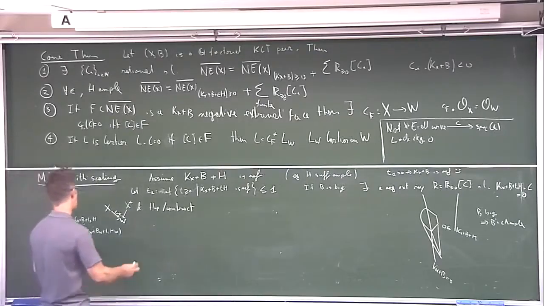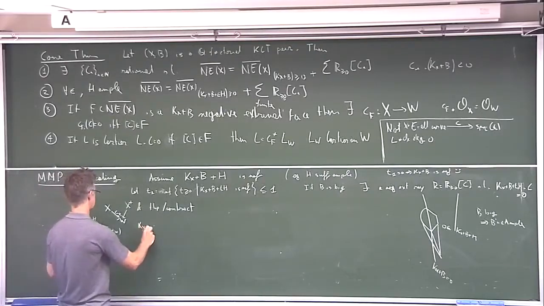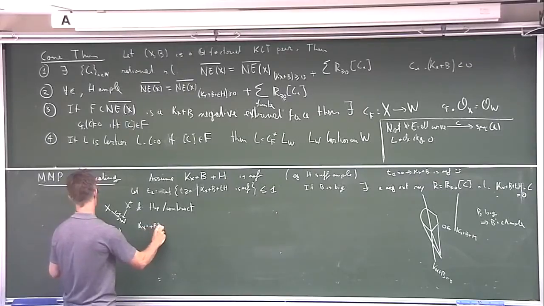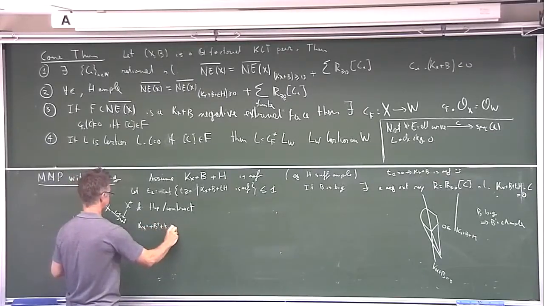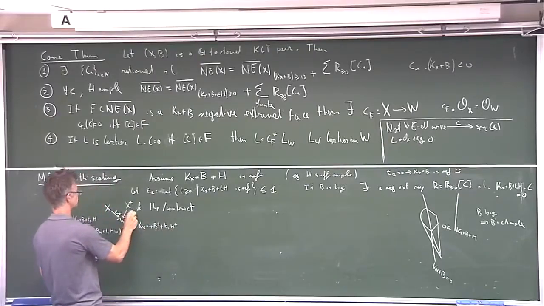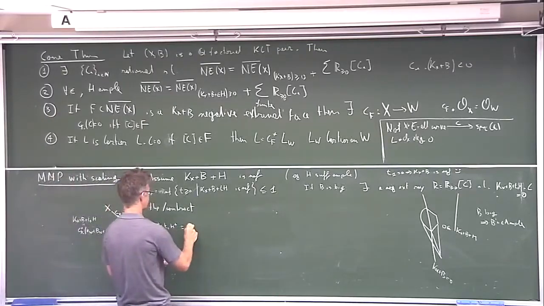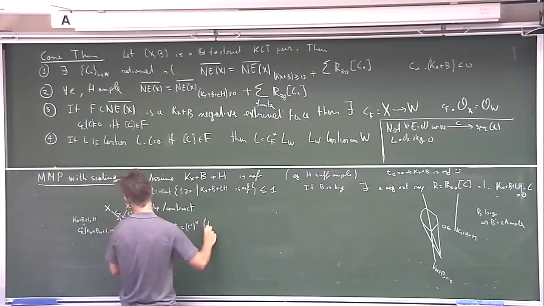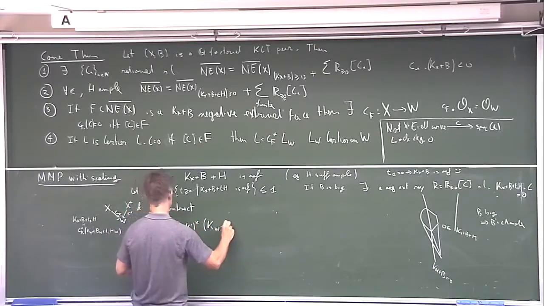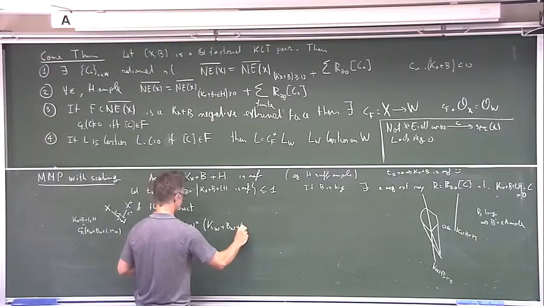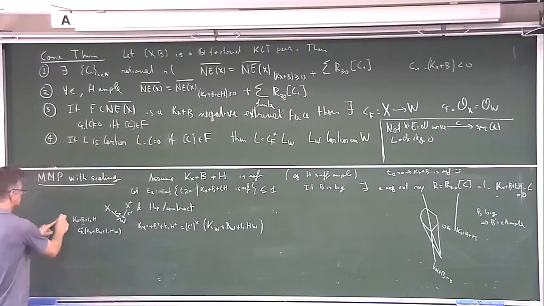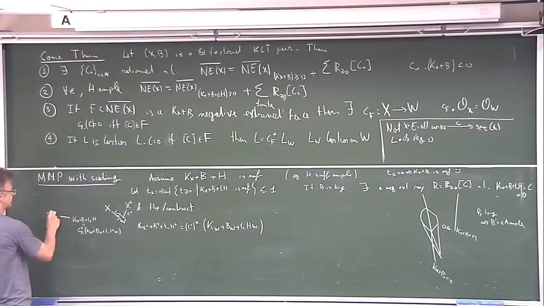And so kx plus plus b plus plus t1h plus, the strict transform, will be the pullback via this map c plus of the same thing, kw plus bw plus t1hw. Okay, so now, by assumption, this guy is nef. Being nef is a closed condition.